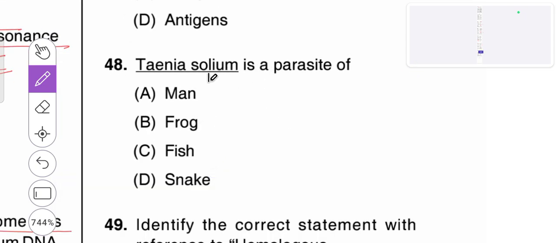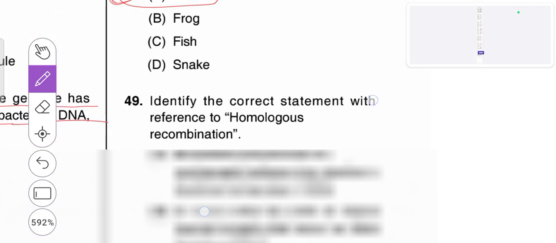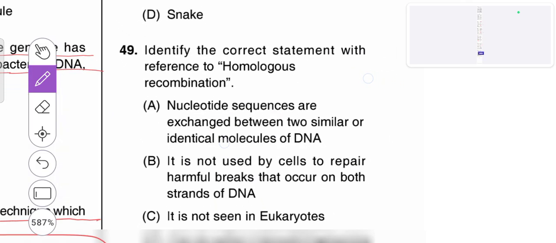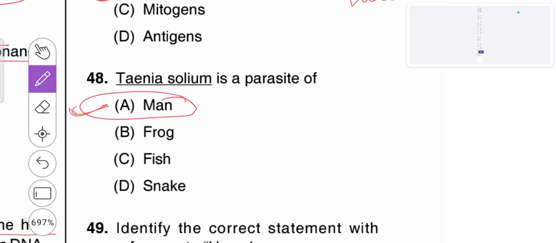So 48, Taenia solium is a parasite of man. Taenia solium is the scientific name of the tapeworm.